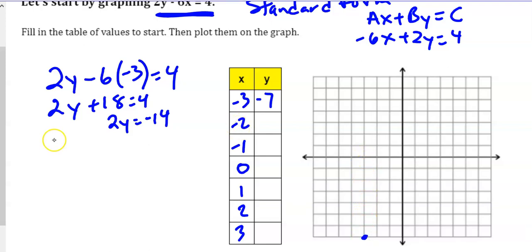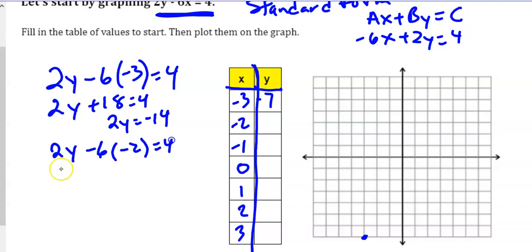Now we plug in negative 2, and again, make sure you're plugging it in for your x's here, not your y's, even though the y is the first one there. So 2y minus 6 times negative 2 equals 4, and, oops, that should be a positive 12. I go through this entire process again, subtract over 12, so that'll be minus 8.